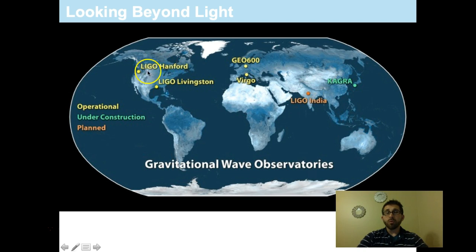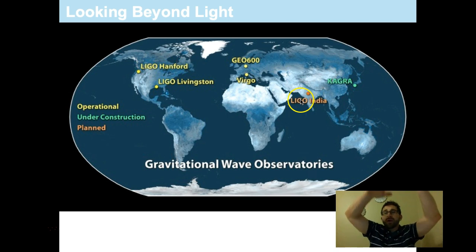But if we were to have a LIGO India, we would get yet a third coincidental detector, and that would improve our signal to noise ratio. In other words, we could see the data comes above the noise and the noise goes down, which means we get more detections, easier to filter out the noise.